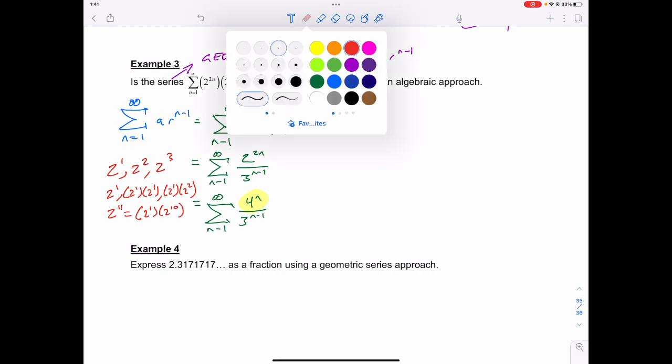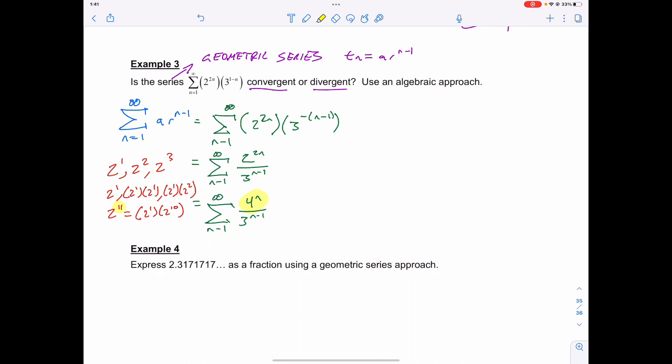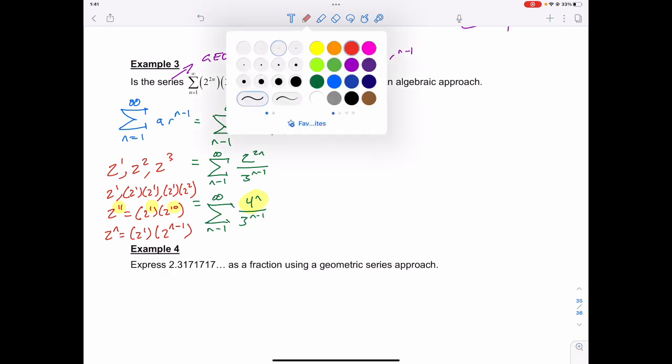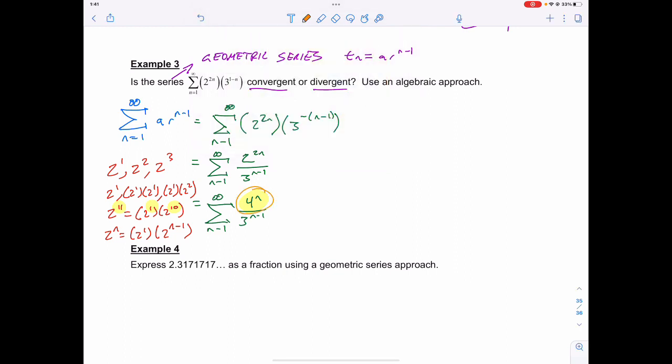And if I look at the relation of the exponents, then 2 to the power of any value is the same as 2 to the 1 times 2 to the whatever the original exponent was minus 1.